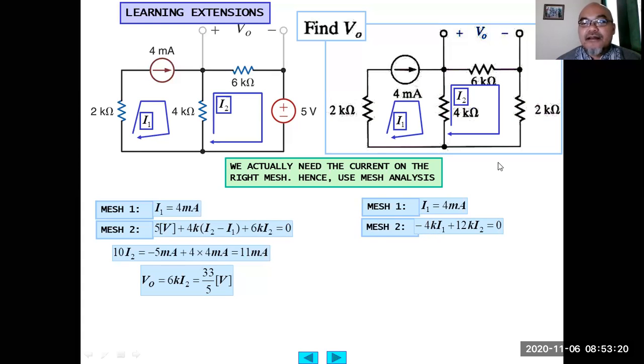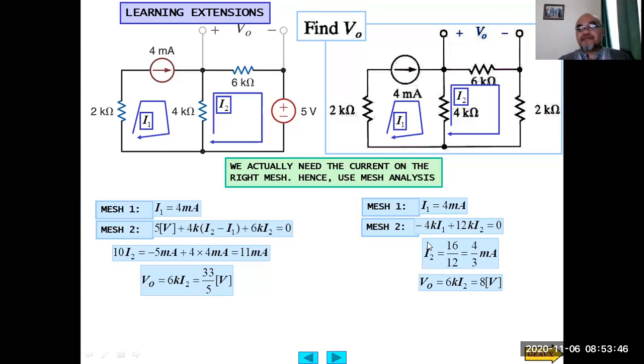Plus 12K I2, from 4 plus 6 plus 2, equals 0 because there is no voltage source. So from here, we obtain I2 to be 4 over 3 milliampere, and then V output equals 6K multiplied by I2 equals 8 volt.